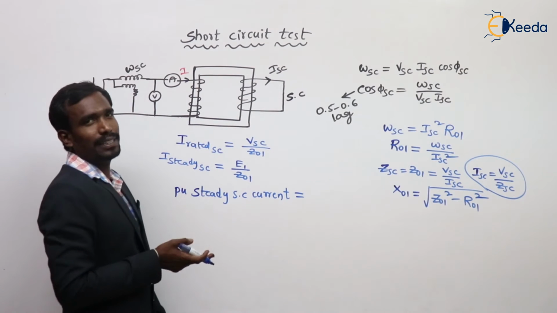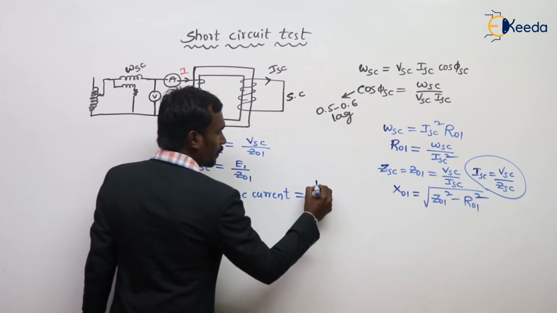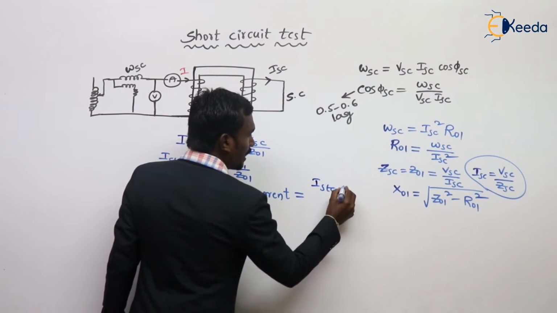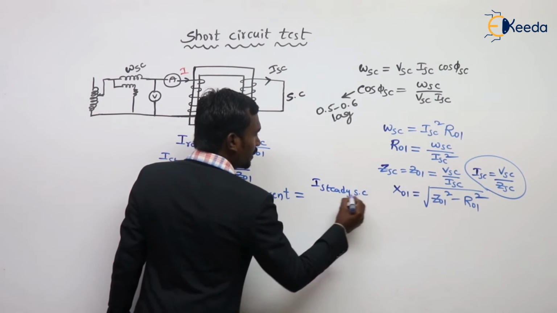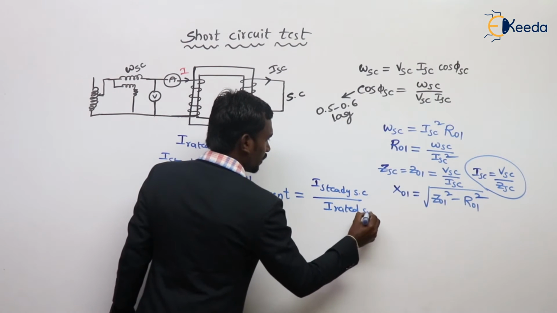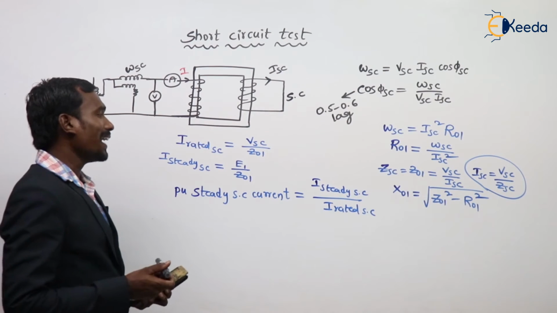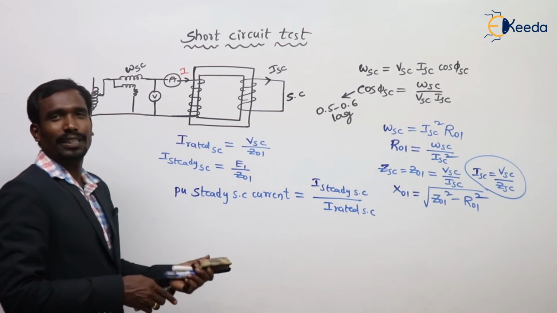Actual value by base value. Here the actual value is the steady short circuit current and the base value is the rated short circuit current. Actual value by base value is the per unit value.